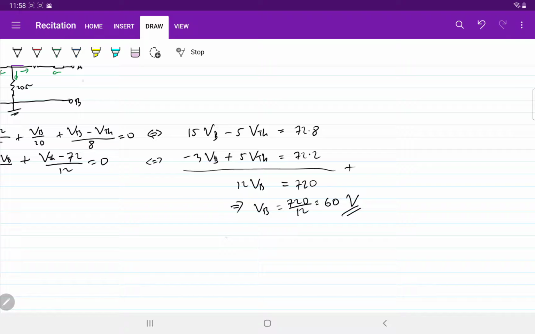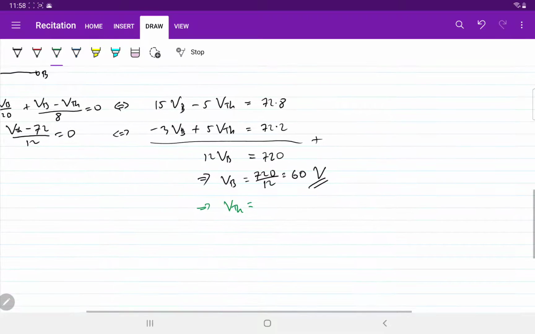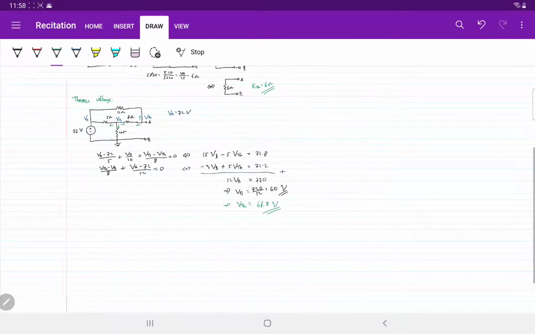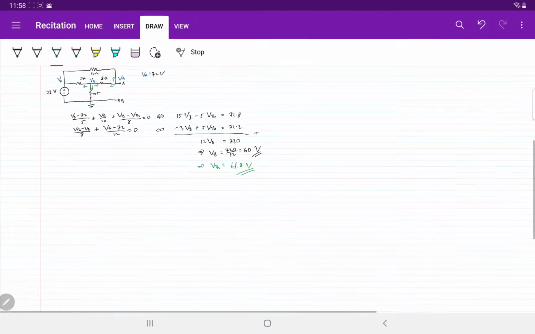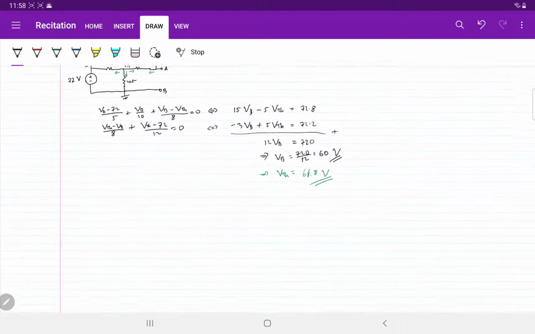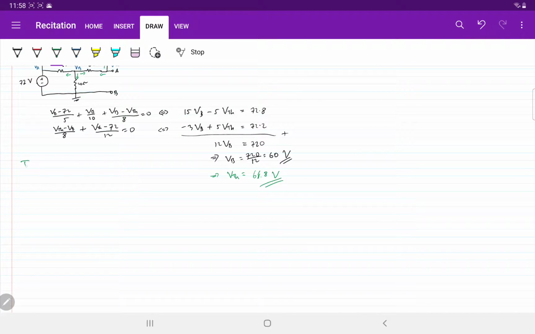Therefore, the Thevenin voltage, you can work things out to get the Thevenin voltage. I got 64.8 volts. So you can replace the circuit with the Thevenin circuit.